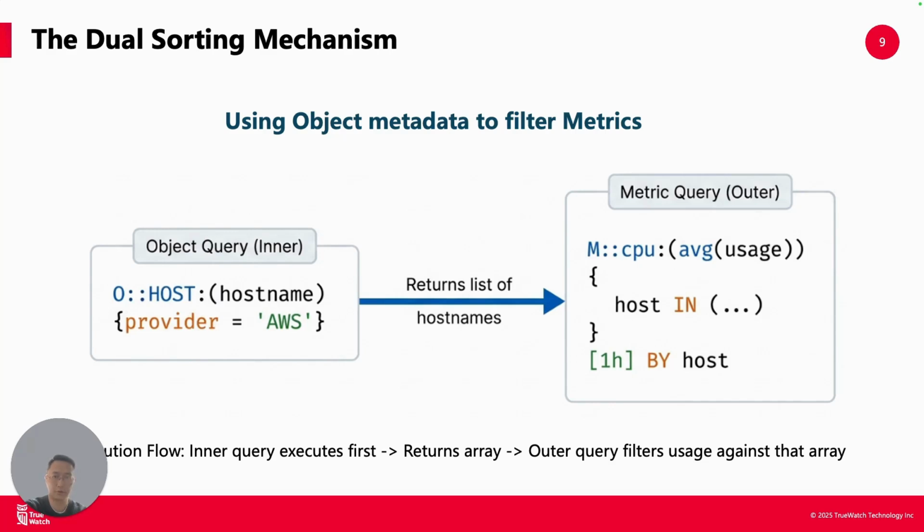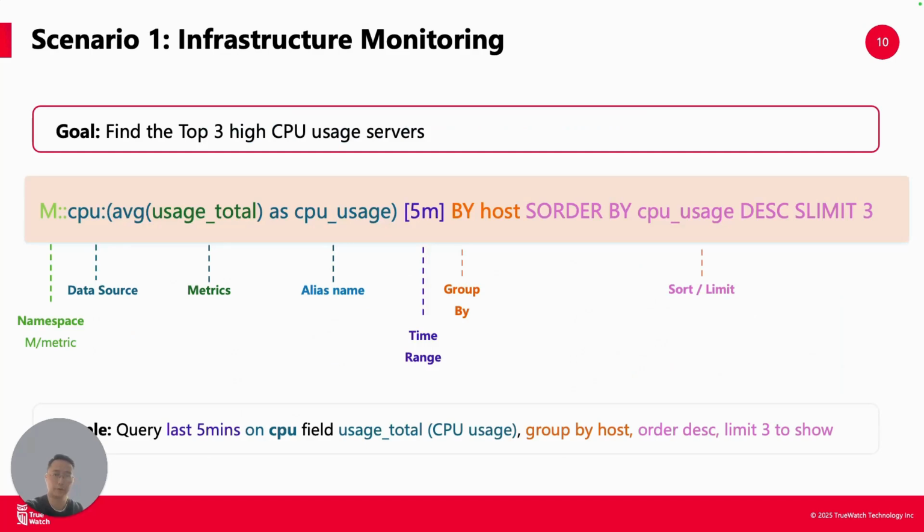In the metrics query, we use host in to keep only the hosts from the inner result. And then we can aggregate, for example, average usage grouped by the host over the last 1 hour. Yeah, so let's just quickly go through the syntax for the DQL query.